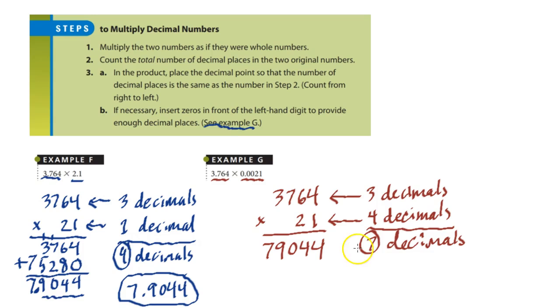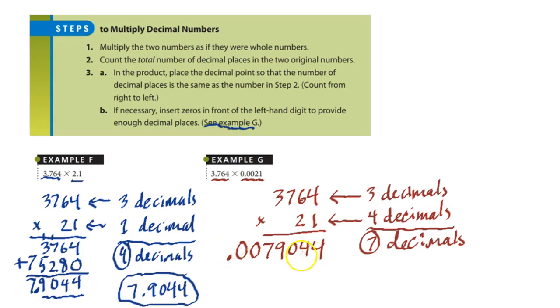So we want our final solution to have 7 decimal places. So notice that we have only 5 numbers here. So we would actually want to have 2 placeholders. This is where 3b comes into play, and then the decimal.